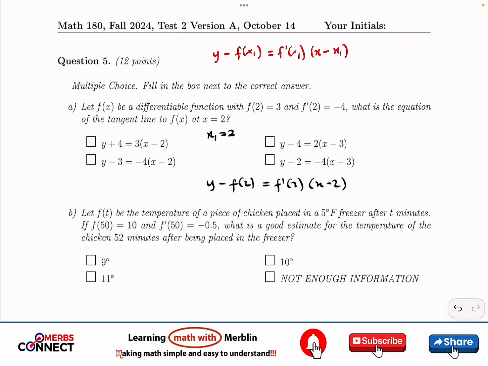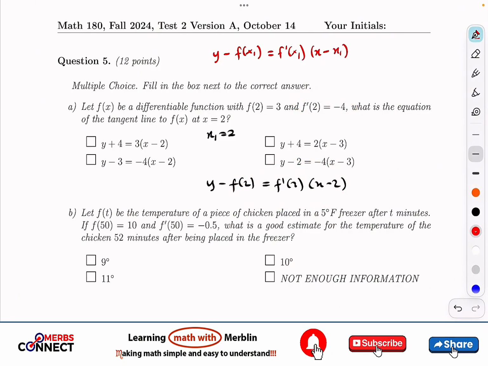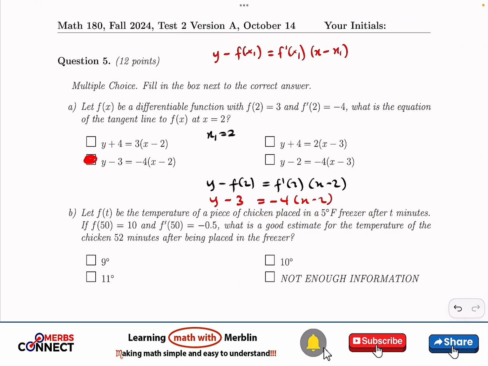Then when you look at the information given to us, we will see that f of 2 is 3, and f prime of 2 is 4 from here. So this is going to give us y minus 3 is equal to minus 4 times x minus 2. And we have it here. So pay attention, I wrote it this way.